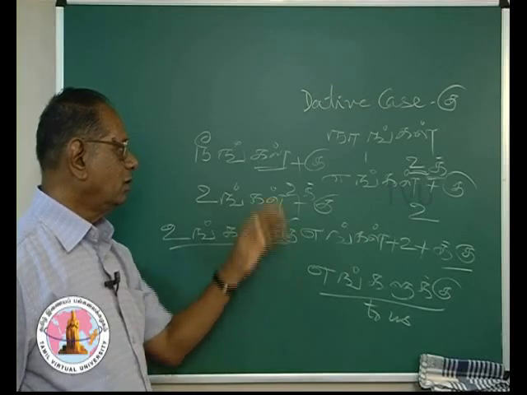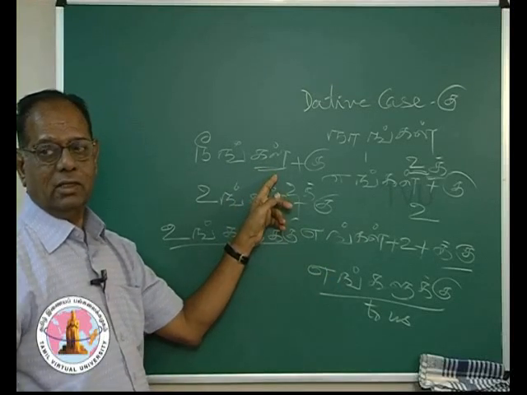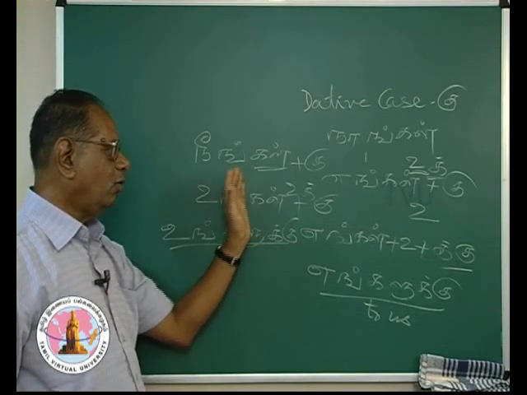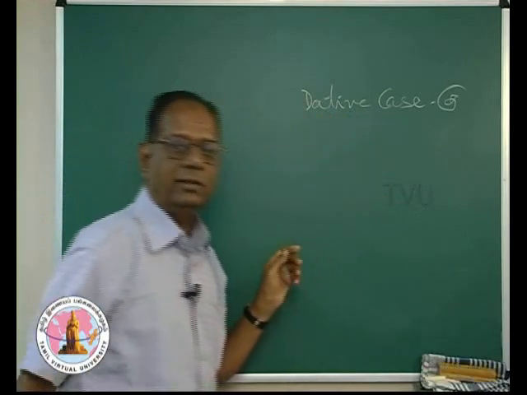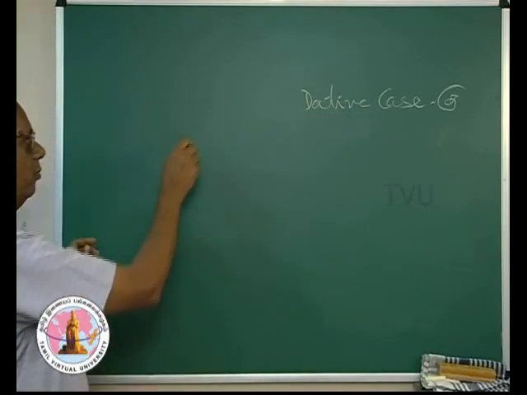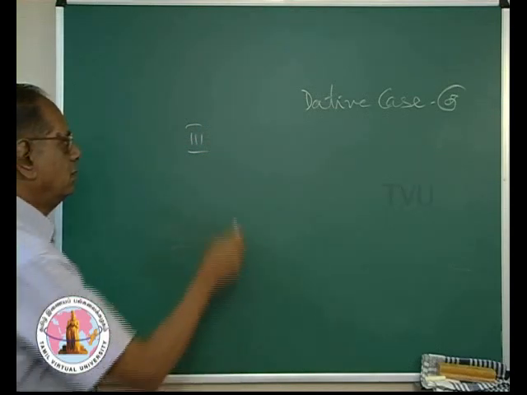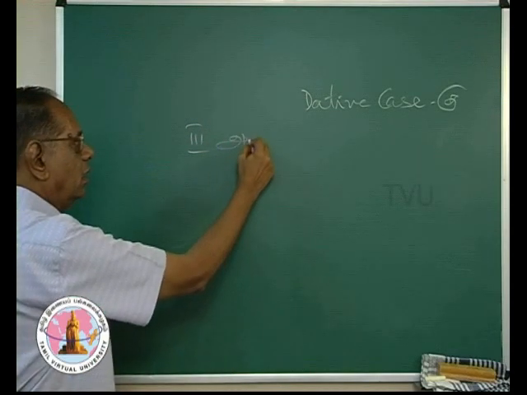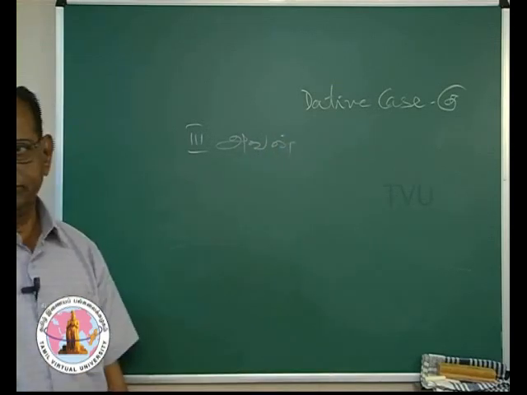Just note that both the words end with kal, that is plural suffix, and then they undergo a change before accepting the case marker. We take the third person now. Singular, avan.